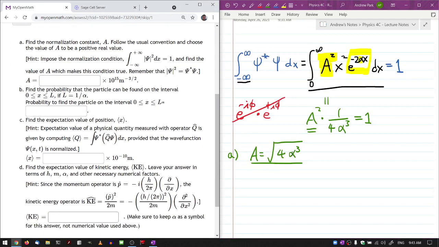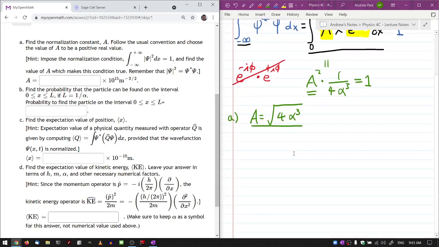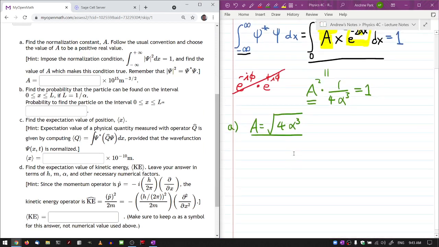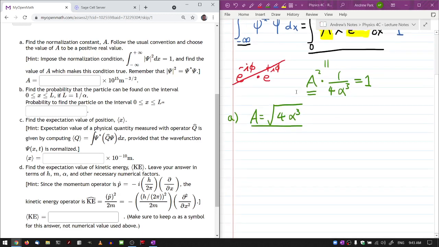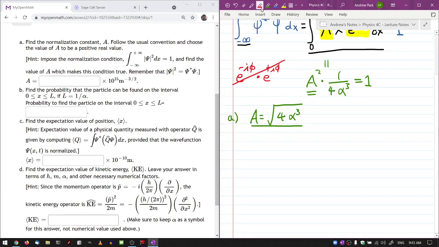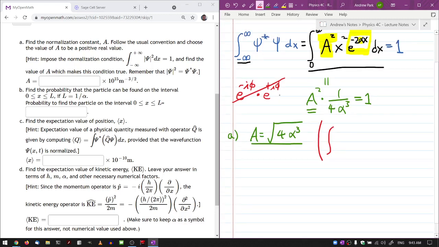Find the probability that the particle can be found on the interval 0 to L. So this pairs up with what we did in part A, because what we did in part A is what we got by imposing that. So this quantity here, the absolute value squared, is my probability density.